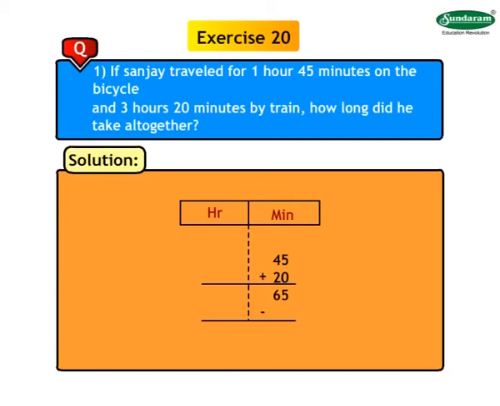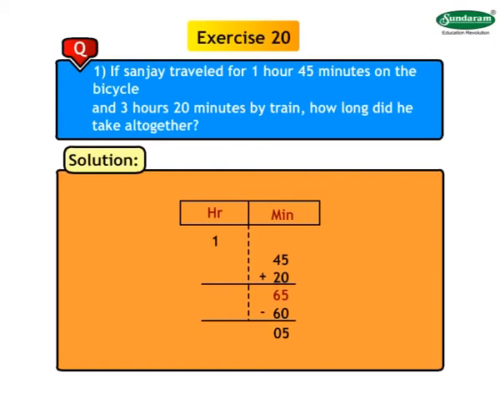Now, 65 minutes is greater than 60 minutes. So, subtract 60 minutes from 65 minutes. Therefore, 65 minutes minus 60 minutes is equal to 5 minutes. Now, the subtracted 60 minutes is equal to 1 hour, which should be carried over in the hours column.